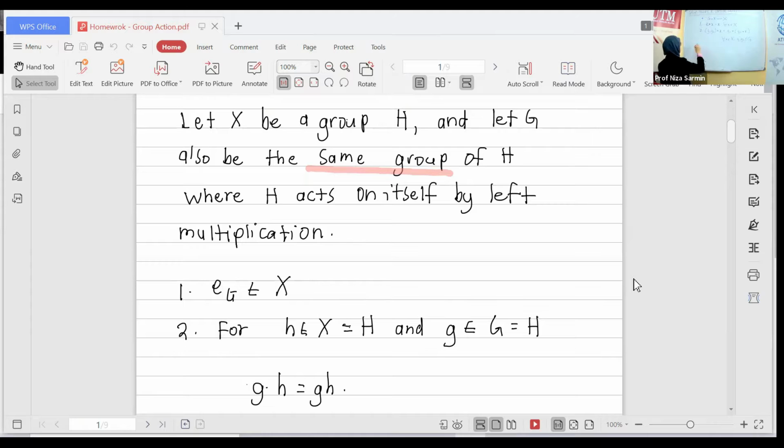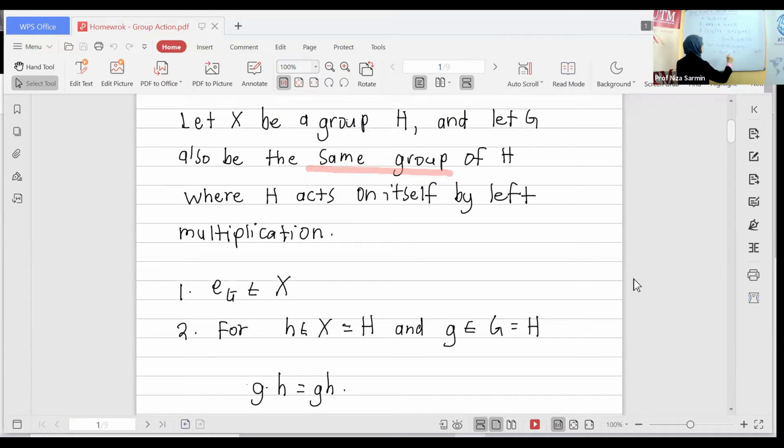Right, so if let X equals G equals H, a group, right? So for a group, of course, E, the element in G, right, which is now the identity, you multiply that by X, X also in H, right?